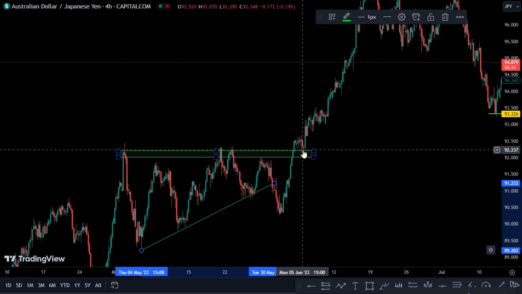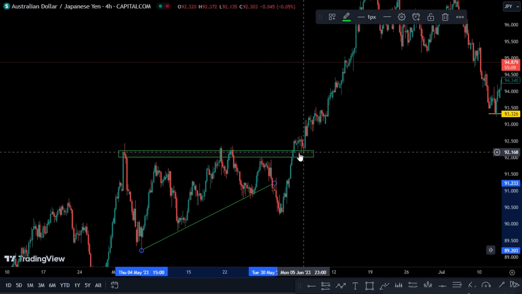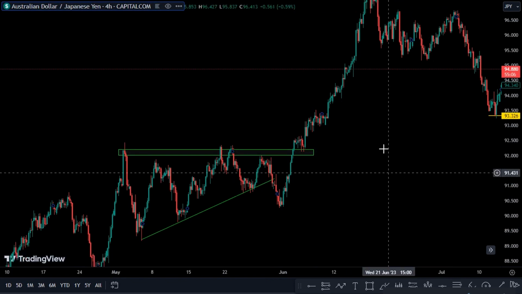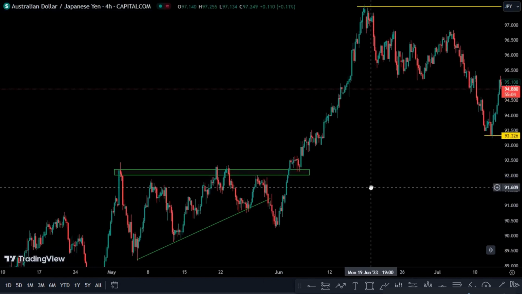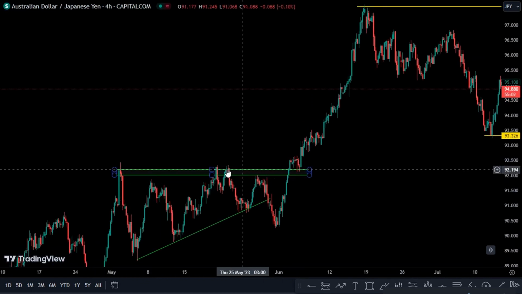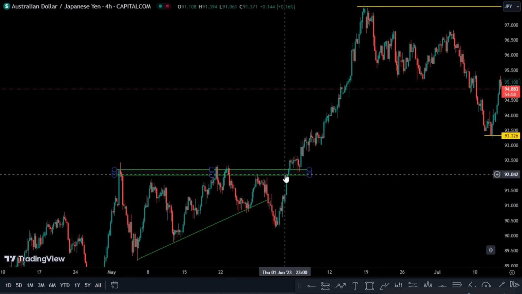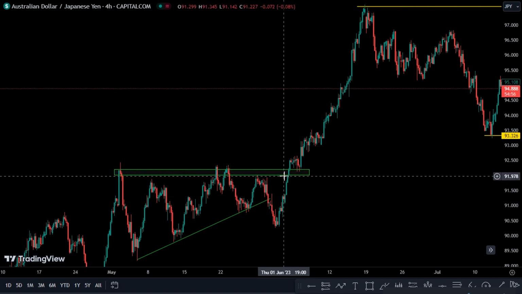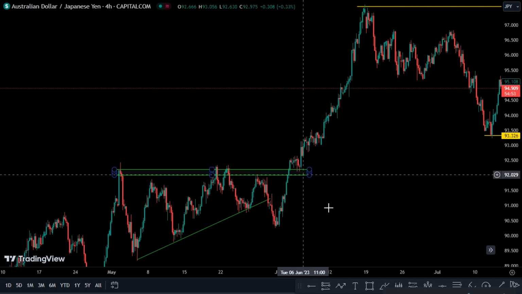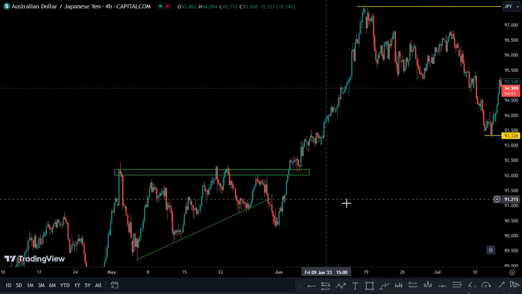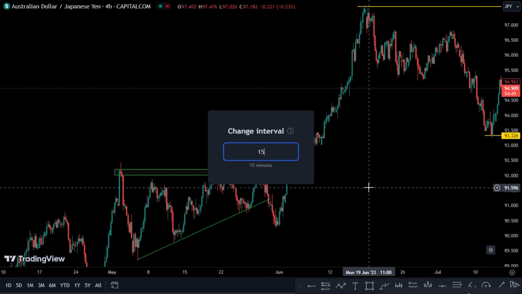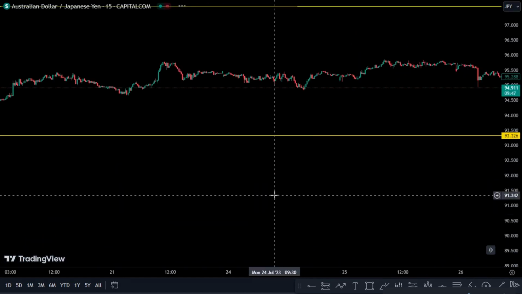It broke this resistance, retested. Then that is when we have this huge impulse. That is where we could have capitalized. After seeing that this resistance eventually failed on holding this market, and after it is broken, now it acts as a support. So we could have switched to our smaller time frames to find our entry at that point.